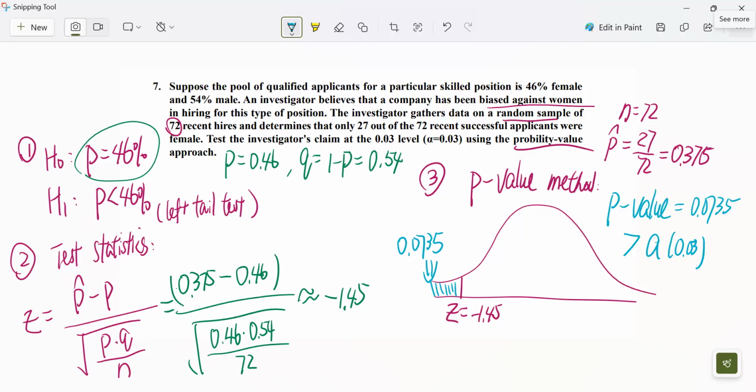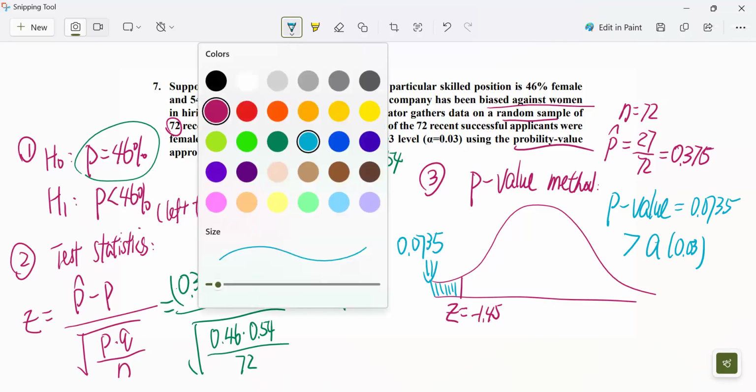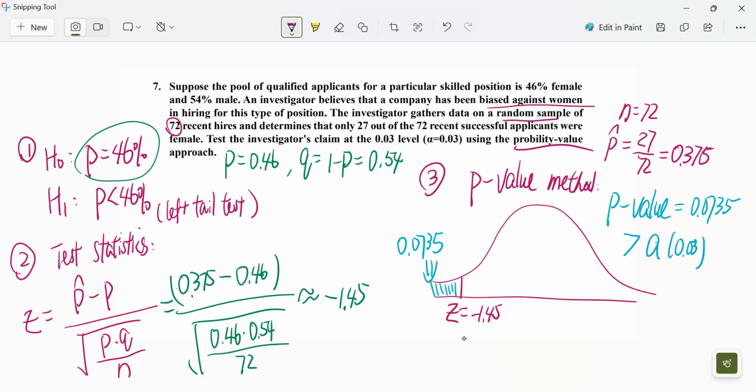So the conclusion here is fail to reject H0. So last step, fail to reject H0.